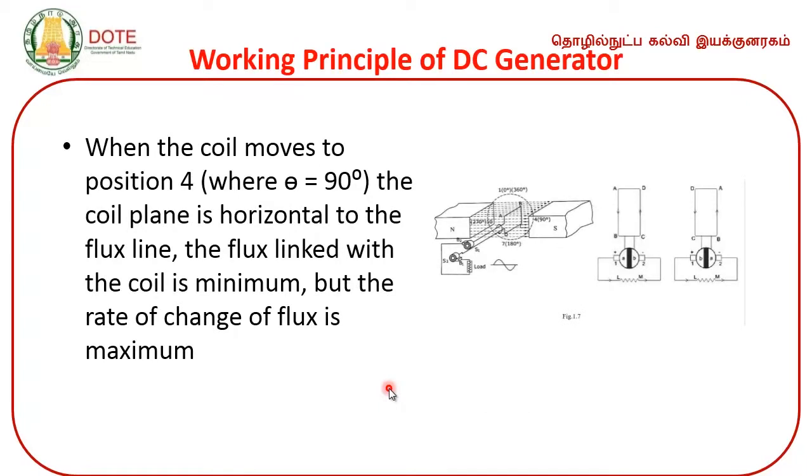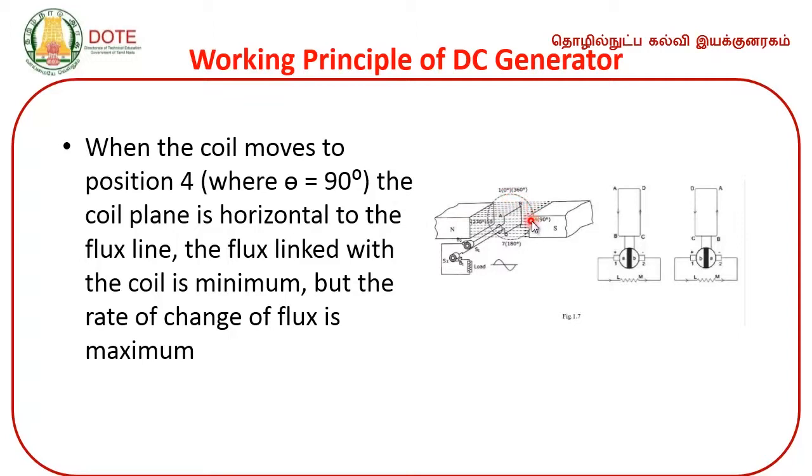Working principle of a DC generator. Here the position of the coil is going to be changed. Earlier it was in position 1, now it has come to position 4.